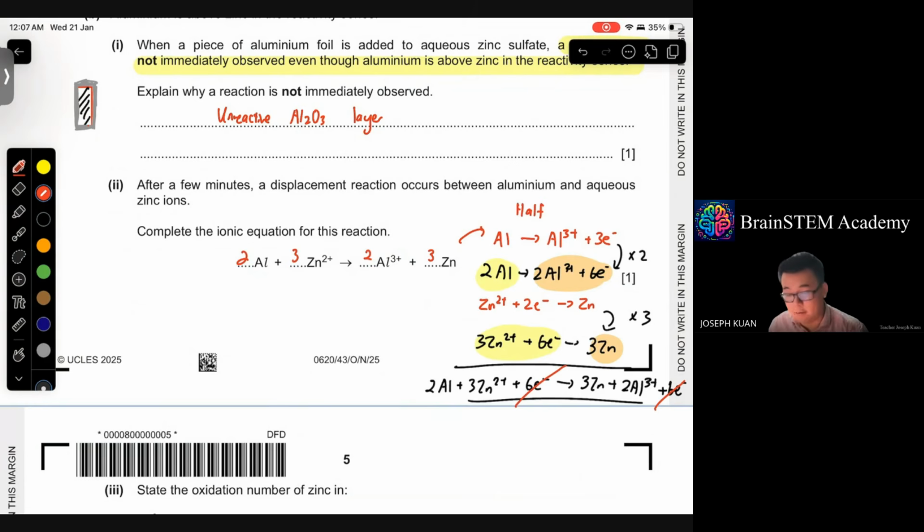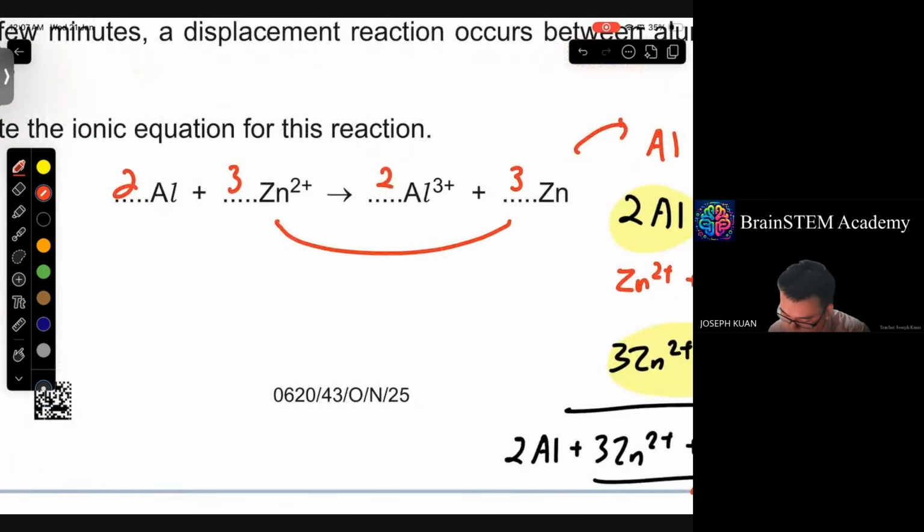Myself, I prefer the second way. The second way is I think about a transaction. Okay, what do I mean by that? I see that zinc gains 2 electrons. For each zinc, I see that each aluminium loses 3 electrons.